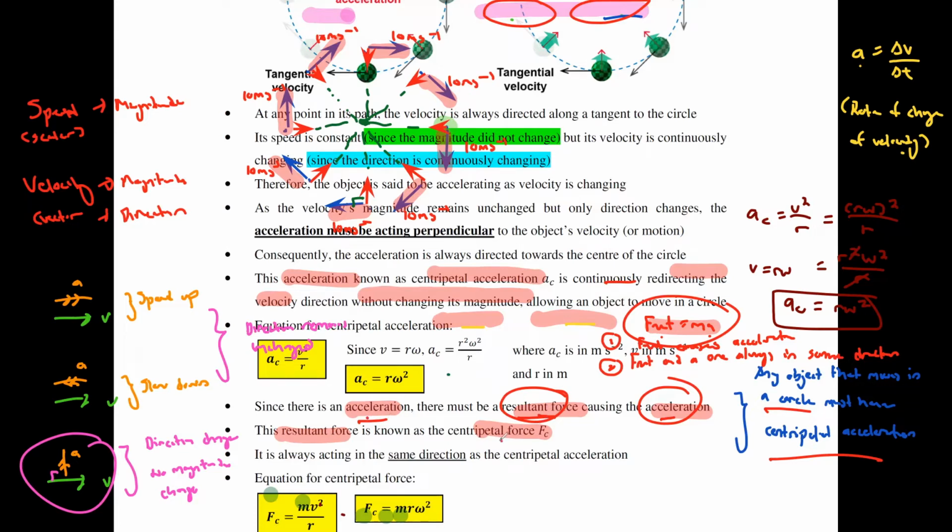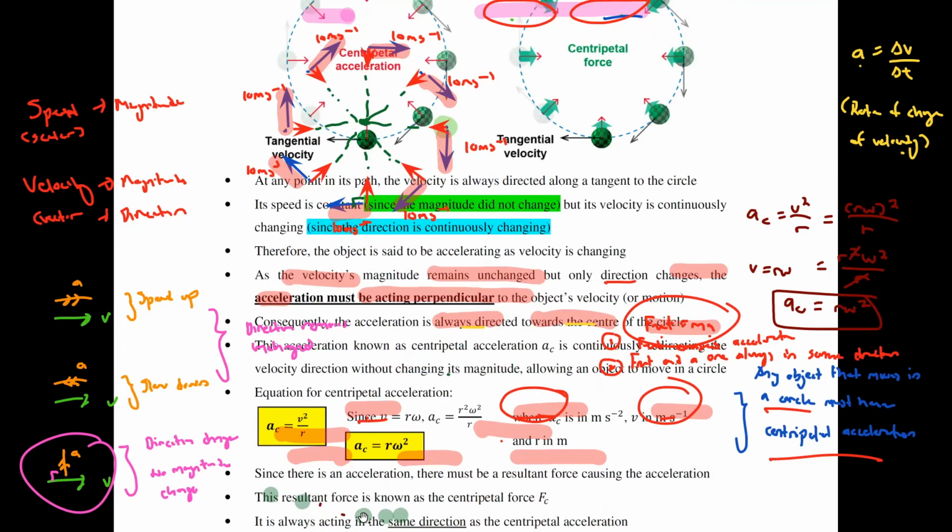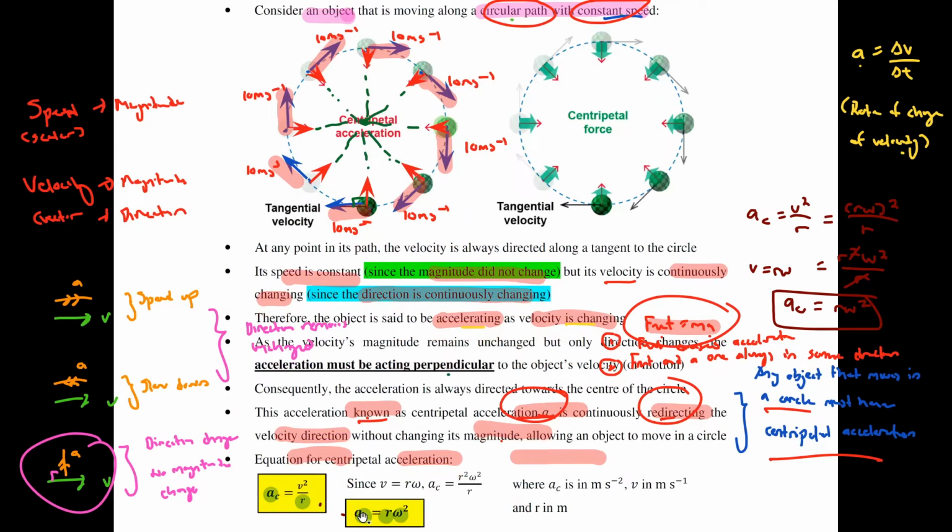The resultant force is centripetal force. And additionally, that force, the centripetal force, must always be acting in the same direction as your centripetal acceleration. So this means that your centripetal force must always be acting perpendicular to your velocity or always towards the center of your circle.